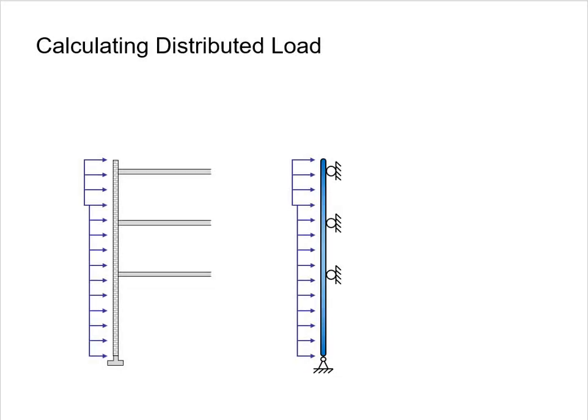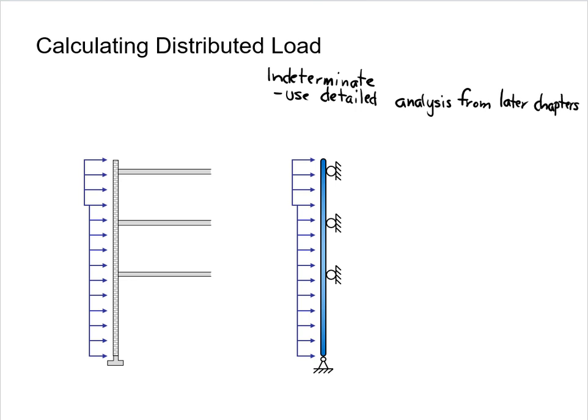If the wall is supported by multiple diaphragms, like in a multi-story building, the idealized wall is indeterminate. To analyze this idealization, we can use detailed analysis methods covered in later chapters. Depending on the loading and how many diaphragms there are, this can be a time-consuming process.